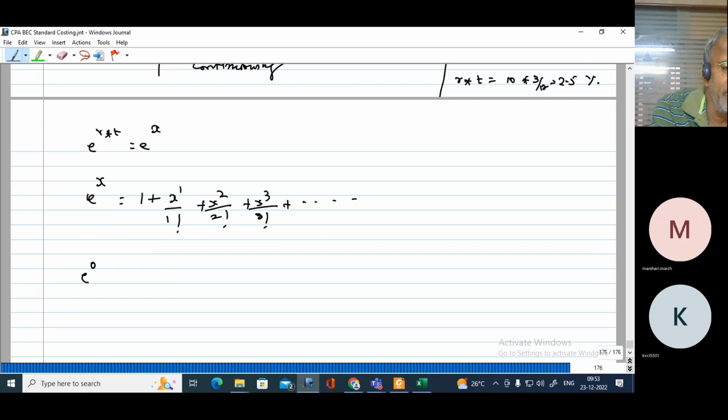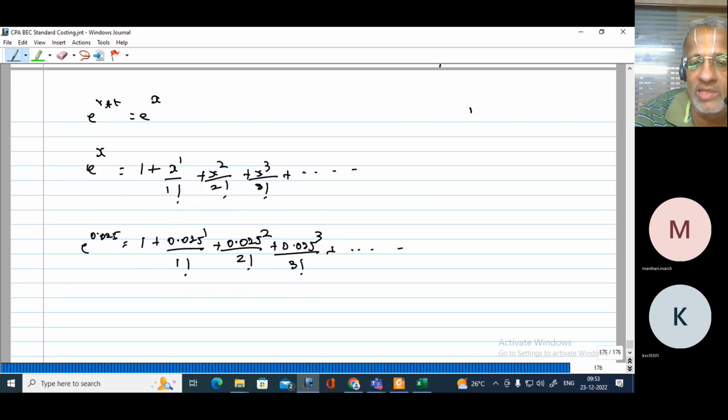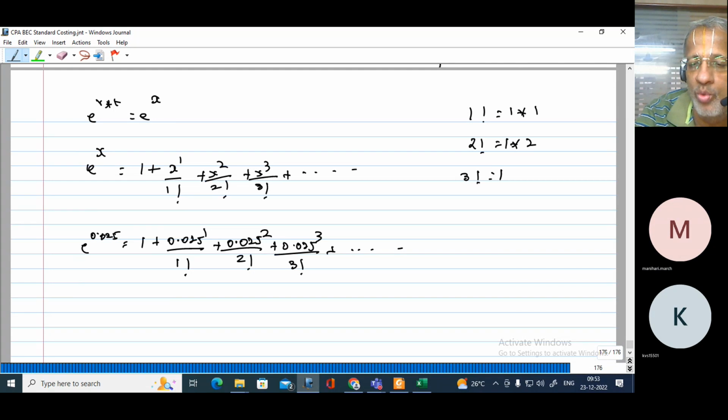So in this case, x is 0.025: 1 plus 0.025 to the power 1 divided by 1 factorial plus 0.025 to the power 2 divided by 2 factorial plus 0.025 to the power 3 divided by 3 factorial, and so on. Now you understand 1 factorial is 1, 2 factorial is 1 into 2, 3 factorial is 1 into 2 into 3.